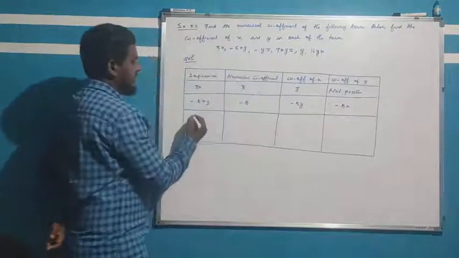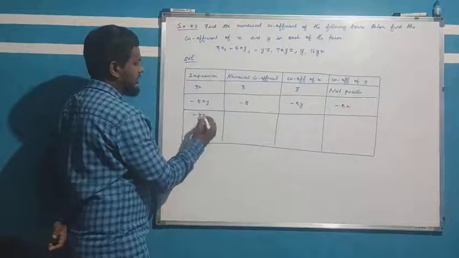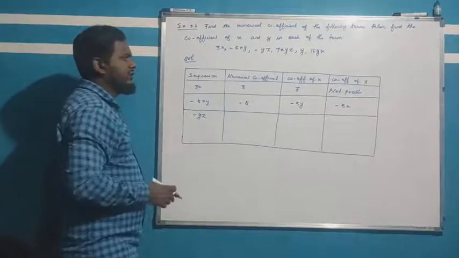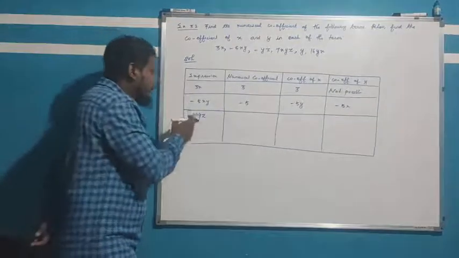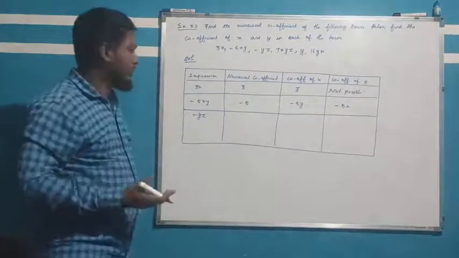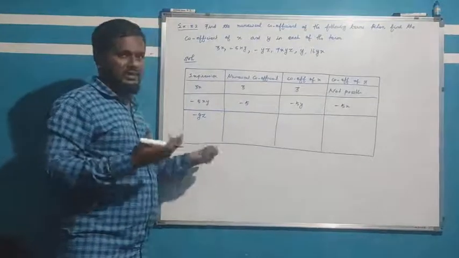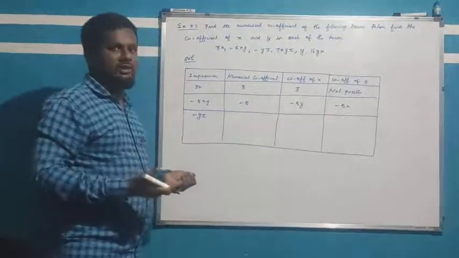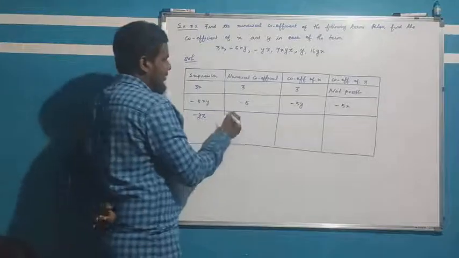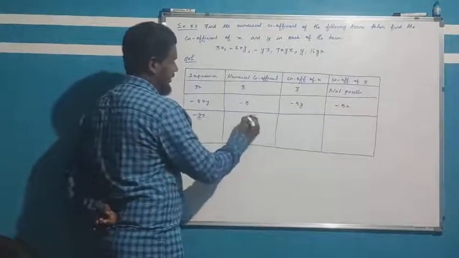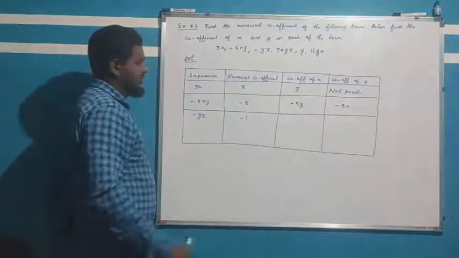Next, what is there? Minus yz is there. Here what is the numerical coefficient? Imaginarily there is a 1, meaning 1 into minus yz. So minus 1 is the numerical coefficient.